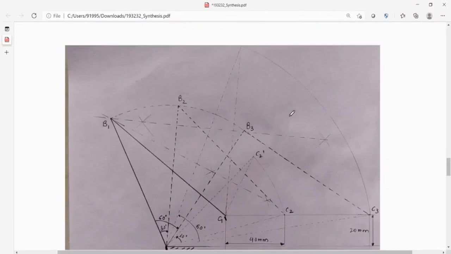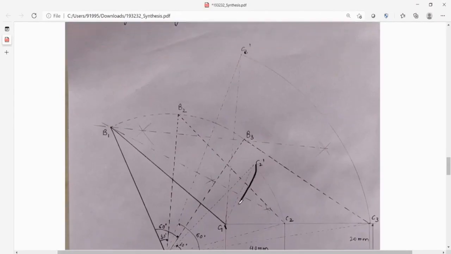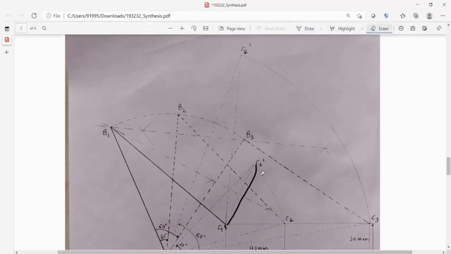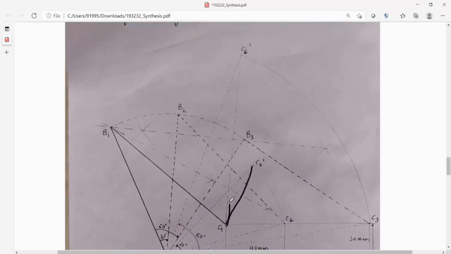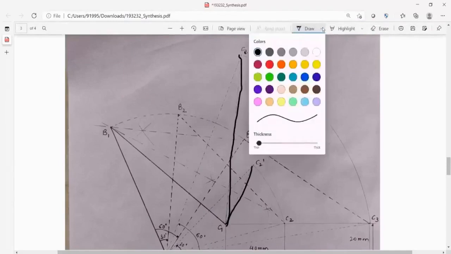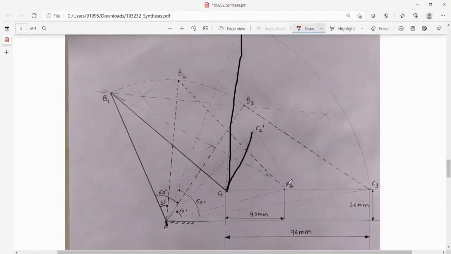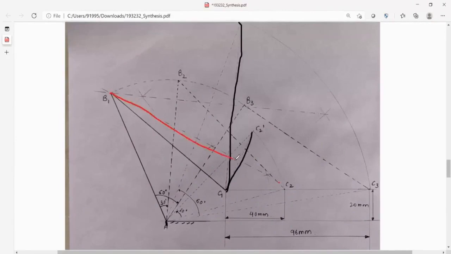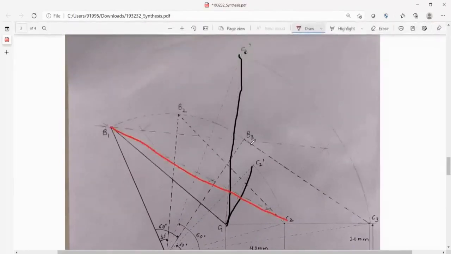Then we will join C1 C2 dash and C1 C3 dash. Then we'll draw mid normals to these: the mid normal for C1 C2 dash and the mid normal for C1 C3 dash.